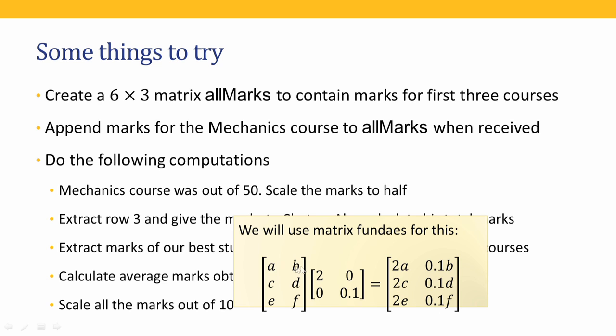You can simply do this matrix multiplication and see this for yourself. A multiplied by 2 plus B multiplied by 0 is going to be 2A, A multiplied by 0 plus B multiplied by 0.1 is going to be 0.1B, and so on and so forth.